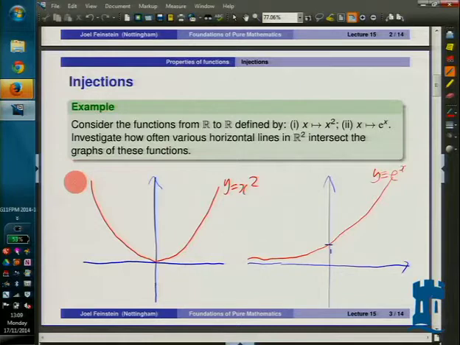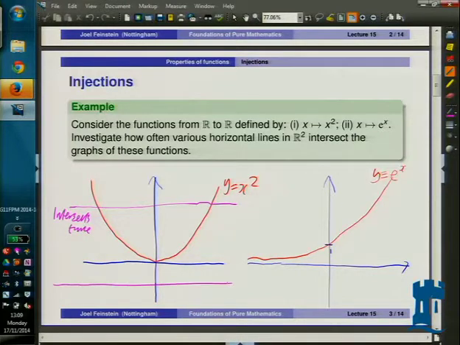So if I go across somewhere up here, this line crosses the graph twice, or intersects the graph twice. Down here, your horizontal line doesn't intersect at all.